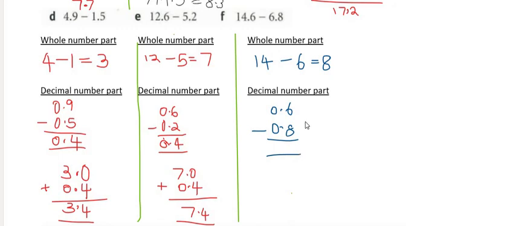You can see that we cannot subtract 0.8 from a smaller number, 0.6. So here the subtraction is not possible, because we cannot subtract a bigger number from a smaller number. So we have to adjust according to that.